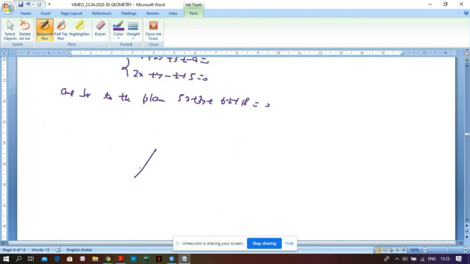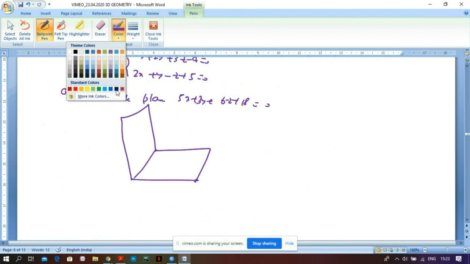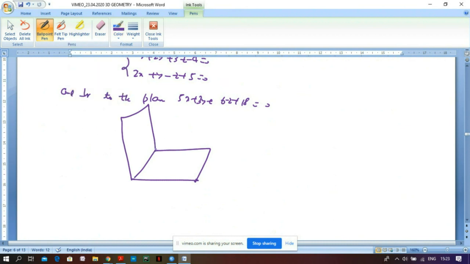Two planes are given, pi1 and pi2. You want the equation of a plane that passes through their line of intersection, like this kind of thing. And this plane is perpendicular to the other plane.